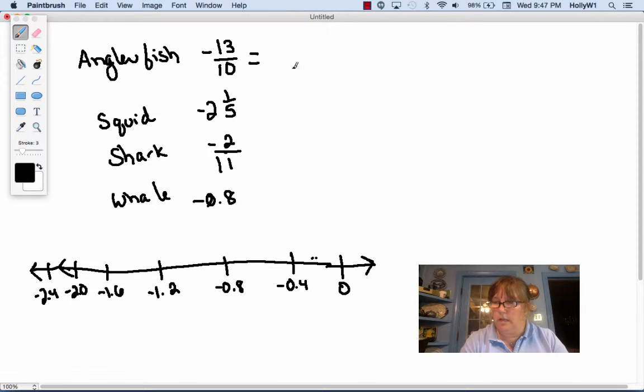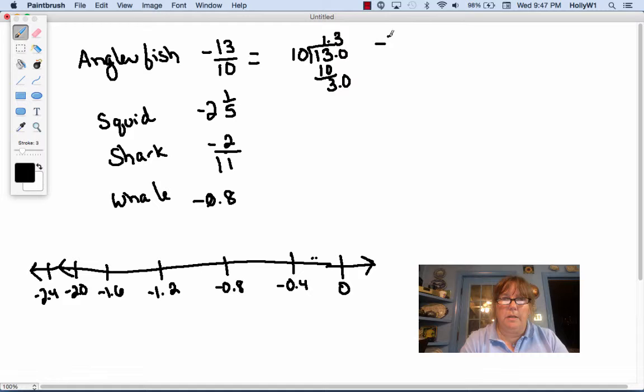So let's convert all of these into decimals. So this one, we take 10 and we divide it into 13. That goes in 1 time, 3 left over. 10 goes into 30 3 times.